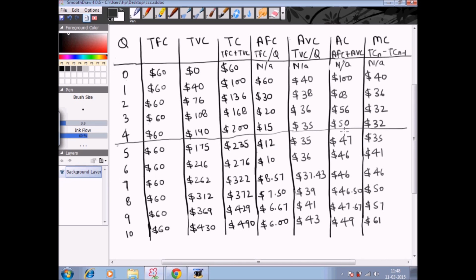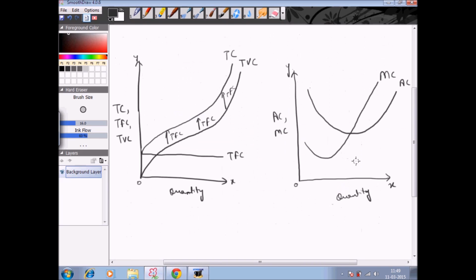See, when the average cost was 46, the marginal cost was also 46, and that is the minimum point of the average cost here at the 7th unit of production. After that, the average cost has started increasing. It became 46.50, 47.67, then 49. After this point, the average cost started increasing and the marginal cost has cut the average cost at this particular point. This is denoted in the graph also.